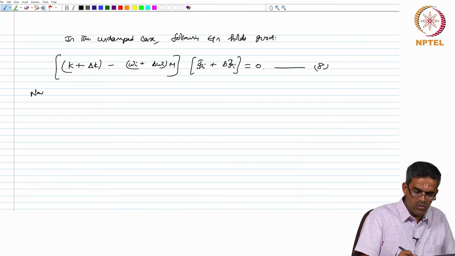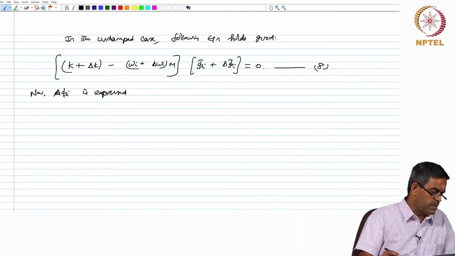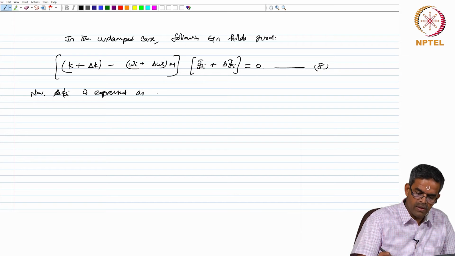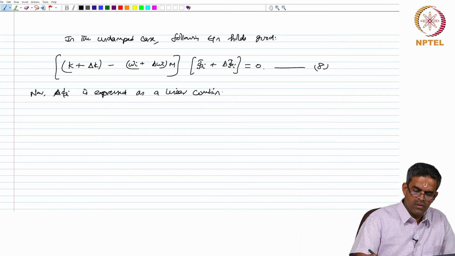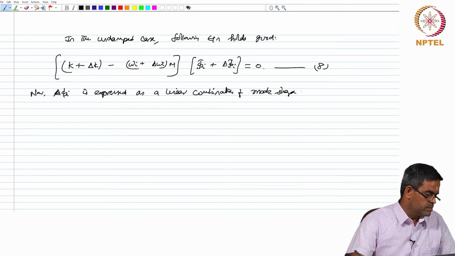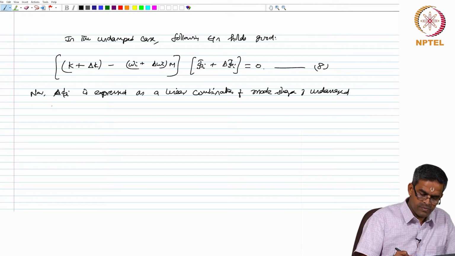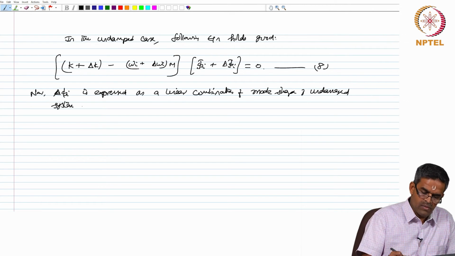Now, delta phi I is expressed as a linear combination of mode shape of undamaged system and is given by.